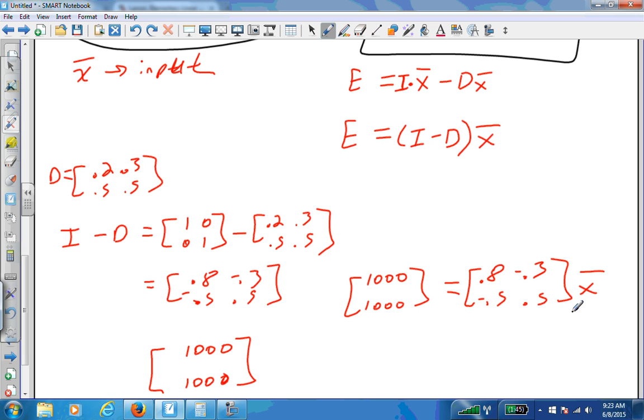Notice this is just a system of equations, so we can set this up as an augmented matrix, or we could use the inverse of this times that and solve for x. And that would tell us how much input we need of coal and electricity both to meet not only the internal demands of producing coal and electricity, but the external demands to feed the production system.